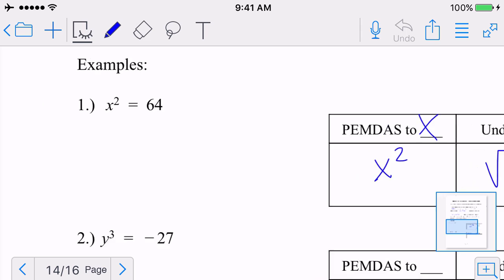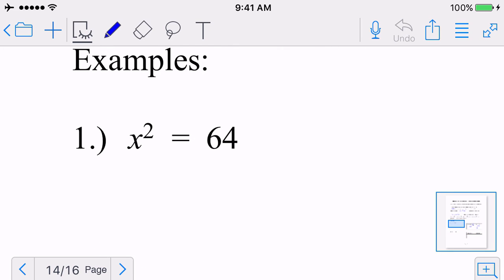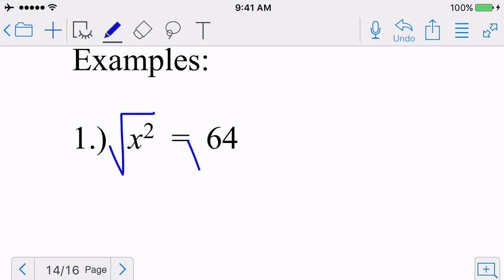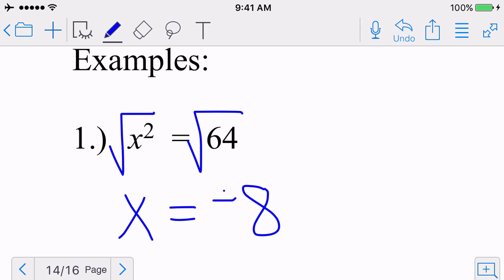So let's take a look at that here. If I have x squared and 64, I want to take the square root of both sides in order to get that square to cancel so that the x is by itself. And then I need to figure out, well, what is the square root of 64? Now, the only tricky thing here is that, well, we know it's 8, but it could be positive 8.